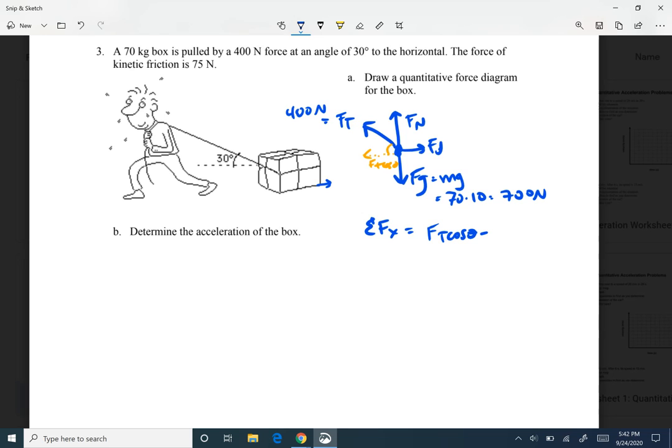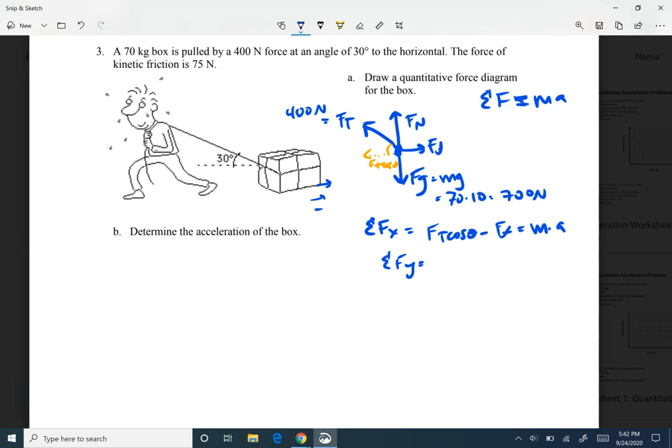We're going to say that this way is negative just because it's opposing the motion. So minus force friction, and the object is accelerating, so this is going to equal mass times acceleration, because remember, the sum of your forces equals mass times acceleration. That's Newton's second law.